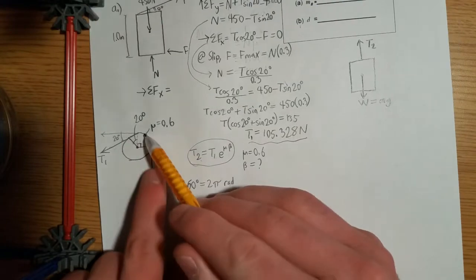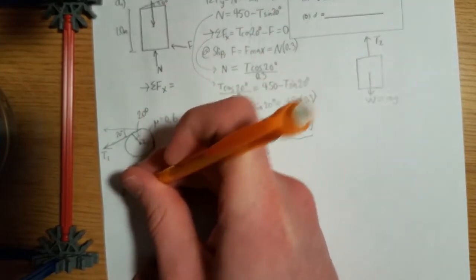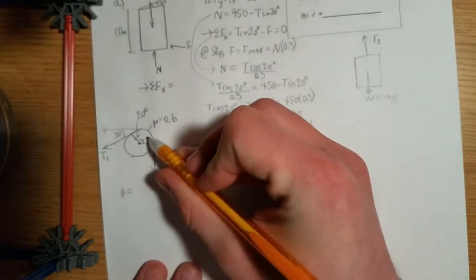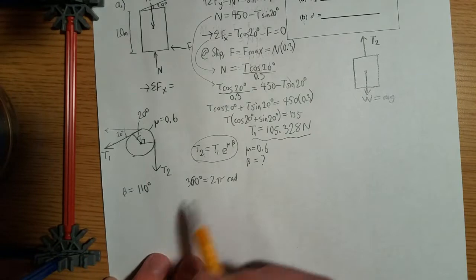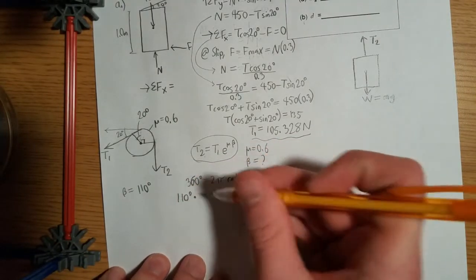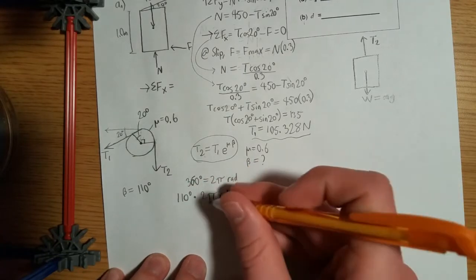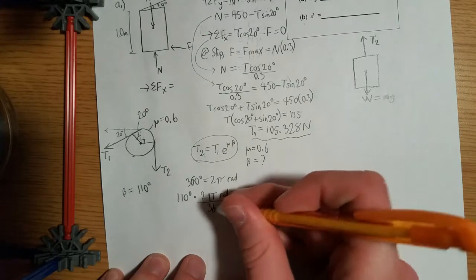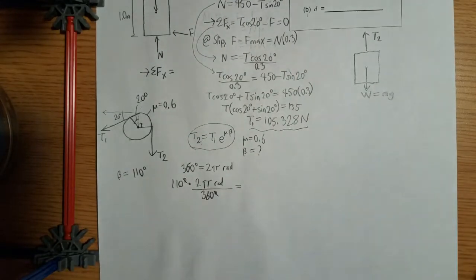So our total angle beta is equal to 90 plus 20, which is 110 degrees. But we need to convert it into radians. So we have 110 degrees times 2 pi radians over 360 degrees. Handwriting's a little bad there. And so we can cross out the degrees and we'll get it in radians.